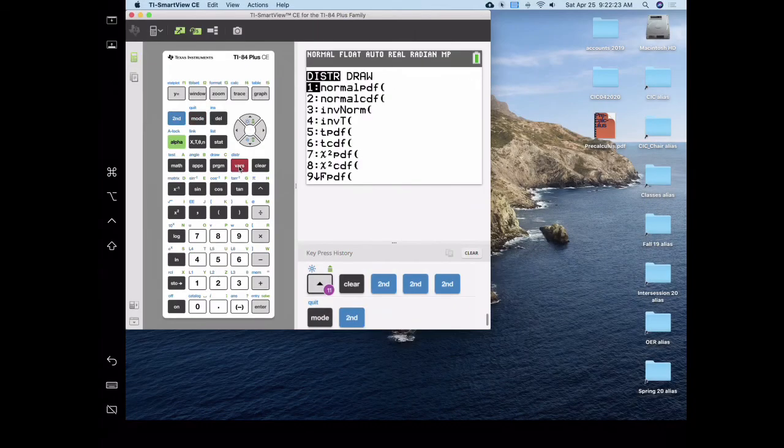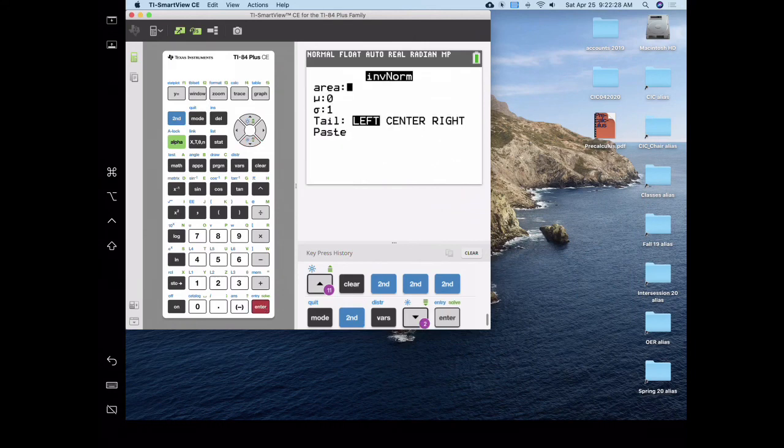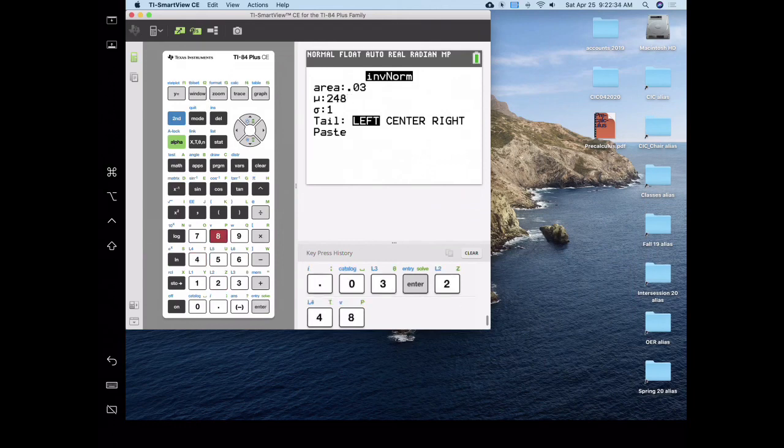Okay, second vars, which gives us distribution, invNorm. Area is 0.03. The mean was 248. The standard deviation was 26 divided by the square root of the sample size, and the area was to the right.